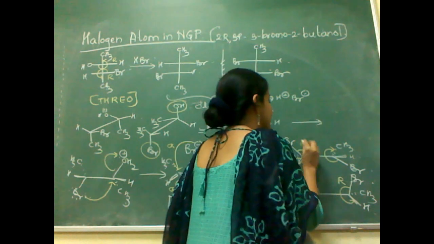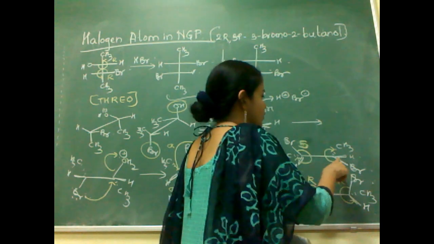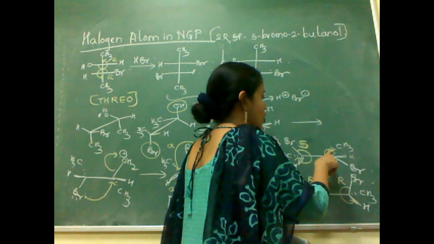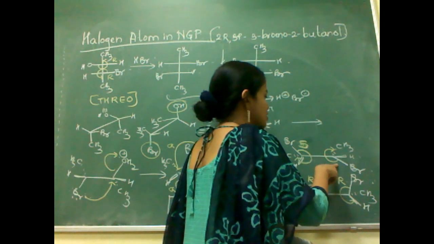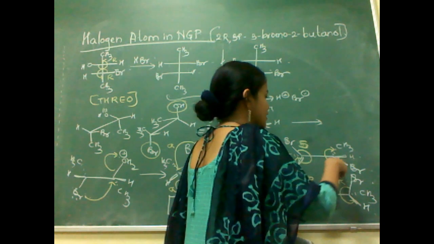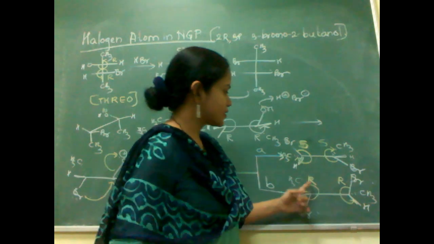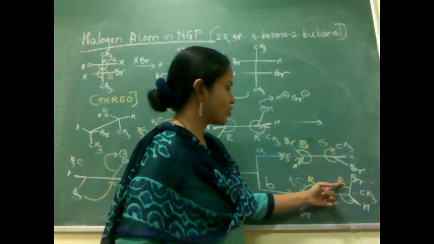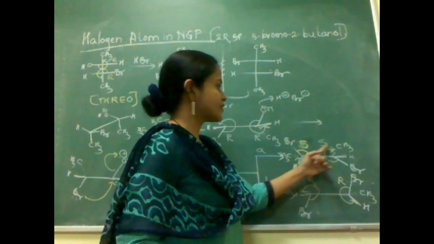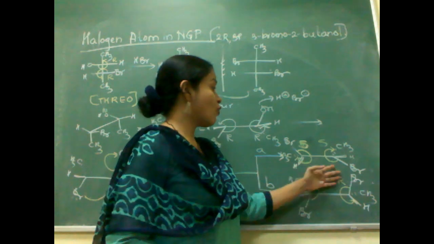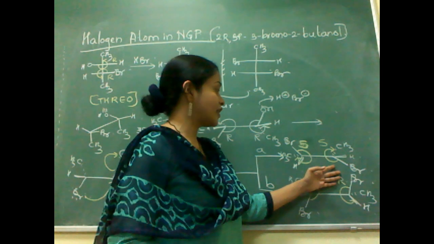So that means it is S. Now again, it is going in clockwise direction, and the lowest priority hydrogen is coming towards the observer. So it is S. Now here the configuration is R, here also R, here S, S. So that means they form what is known as an enantiomeric pair.